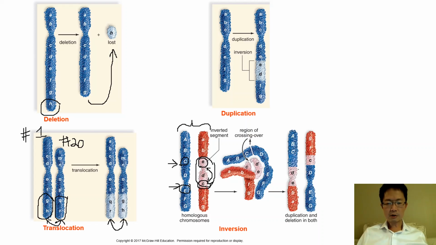When crossover occurs, it gets even messier. You can see that here it should be the AB gene, but the AB gene is gone.